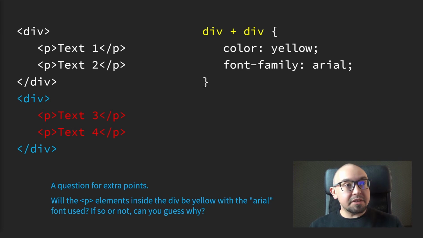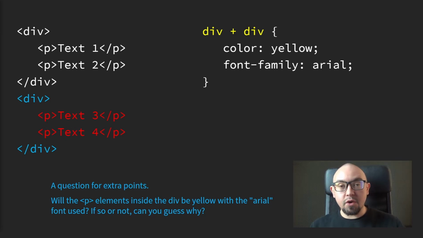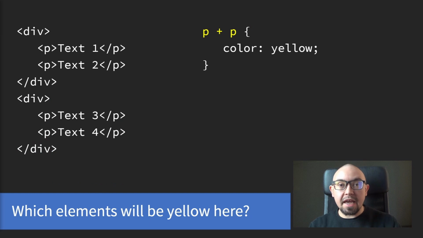Will the p elements inside the div be yellow with the Arial font used? If so or not, can you guess why? If you want to think for a moment, pause the video, and I will answer the question. The answer is, of course they will, because they will inherit it from their parent, which is the div tag. Let's move on to the next task.